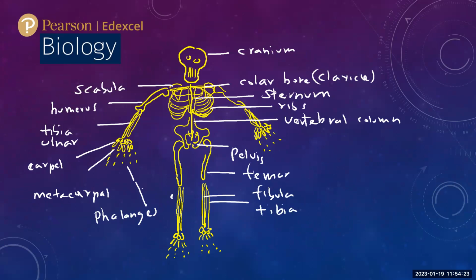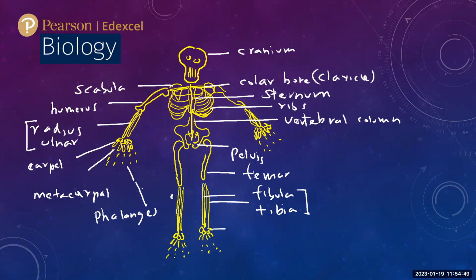Fibula and tibia. This is a little bit corrected now. This should be two bones, radius and ulna. This is fibula and tibia. Carpal, metacarpal, phalanges. Then the other one, tarsal, metatarsals, and phalanges.